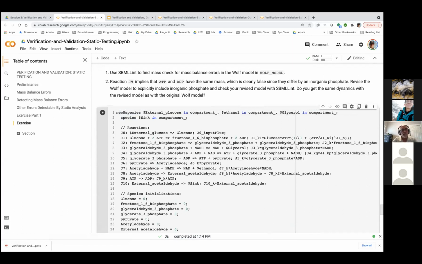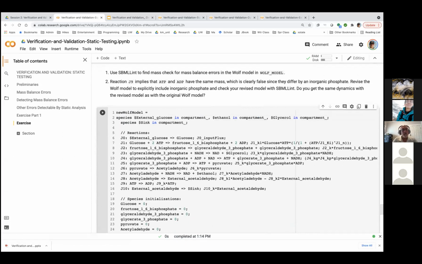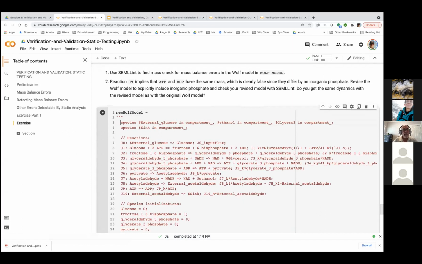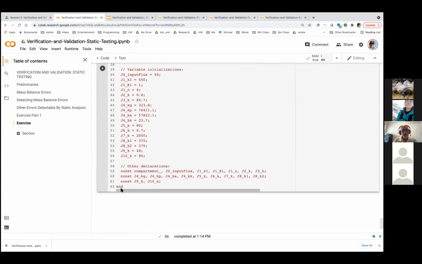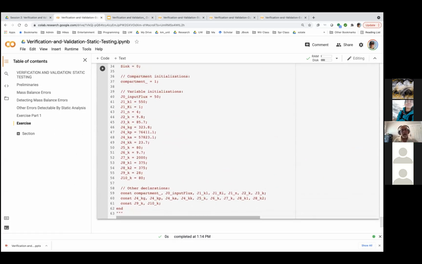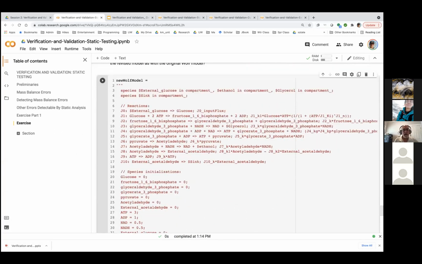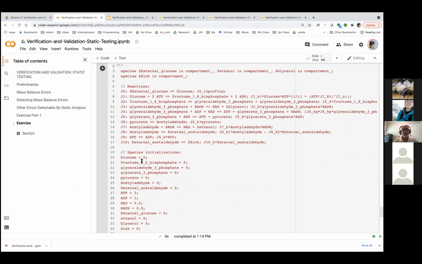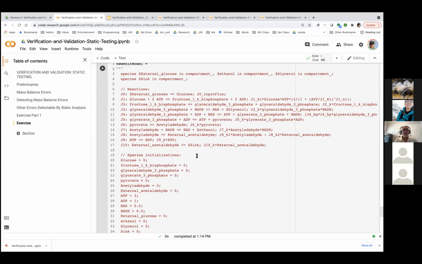I guess I should be consistent with my capitalization, equals. Okay, this is not a string as it stands right now. We'll make it into a string. Okay, and I have to have an end quote down here. Okay, and now you've got the new wolf model, and then you can modify it any way you want, and add in a phosphate, remove a phosphate, that type of thing.